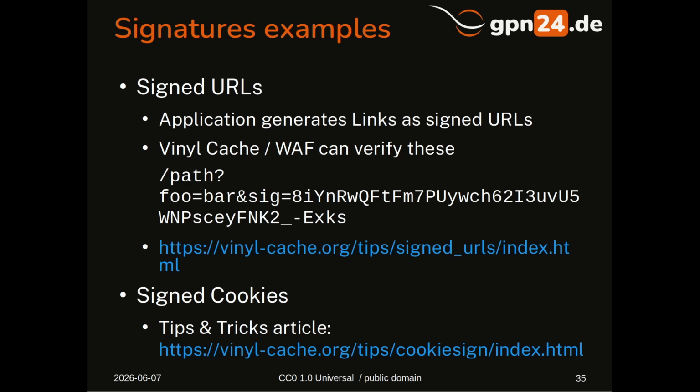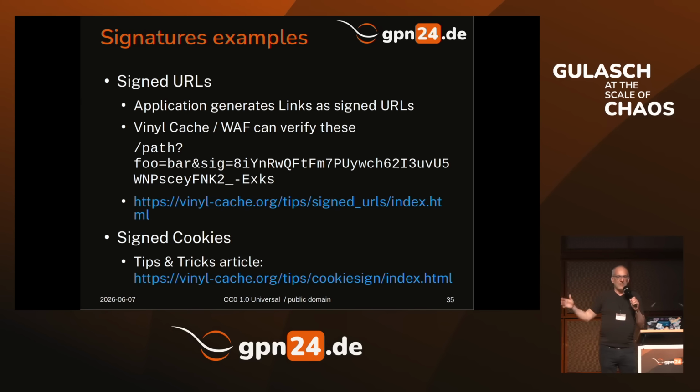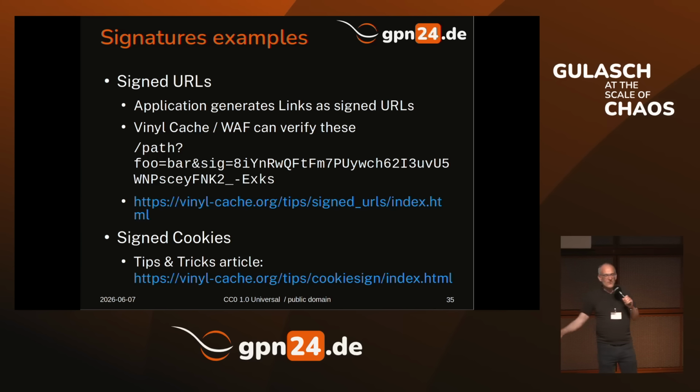So now that we heard about signatures, what can we do with them? A very basic concept is just simply sign the URL. Take the request path, and to the path with the query parameter foo equals bar, append another query parameter for the signature. And this already gets you so far.